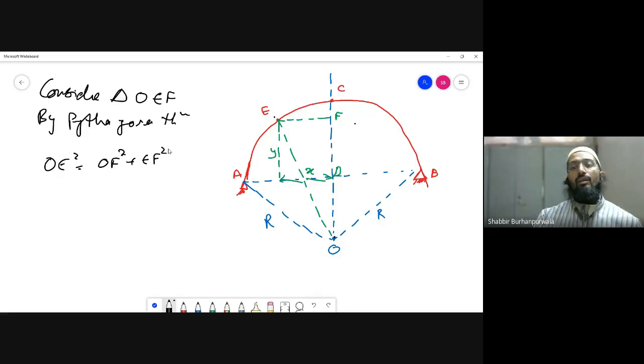Okay, now think about it. OE square, O से E. What is the distance OE? OE is radius R. So this is going to be R square is equals to OF.